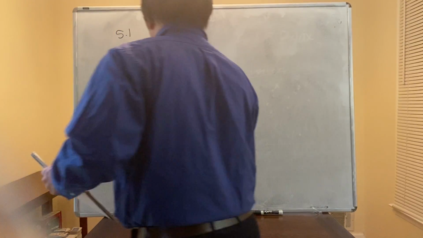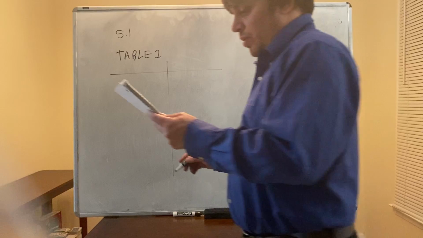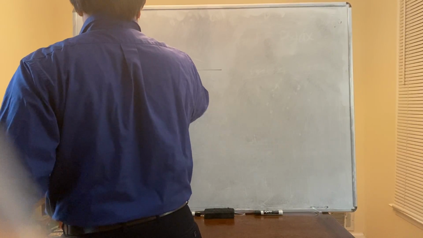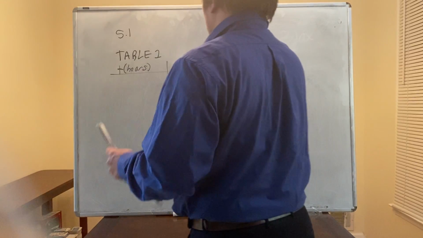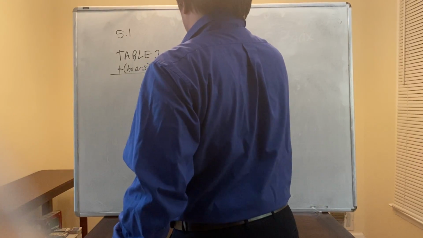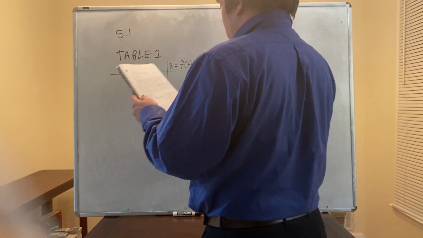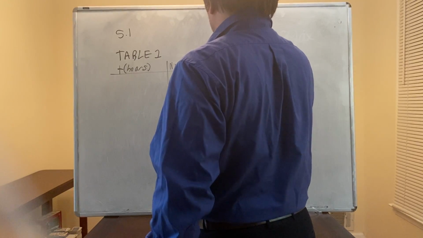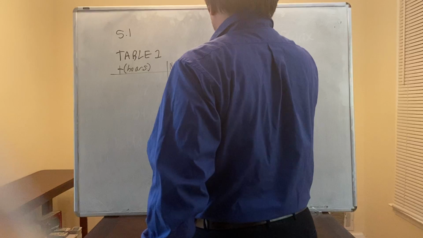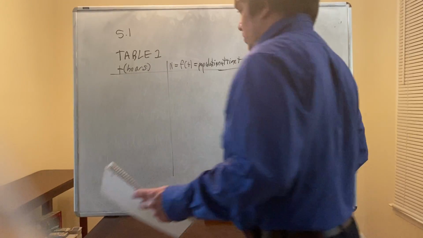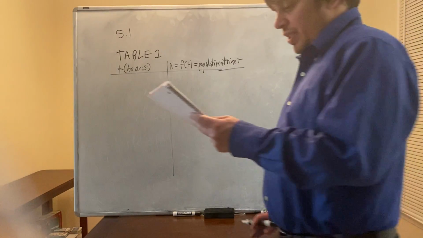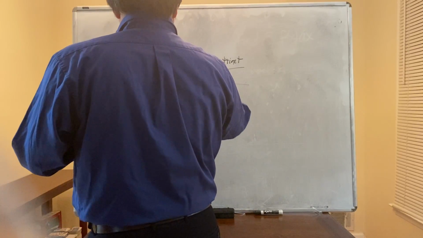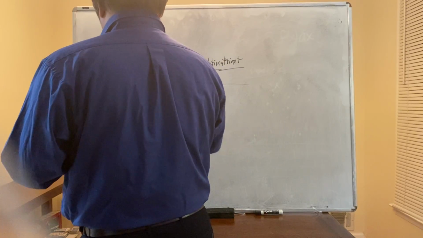Okay, so the first column, let's call it T for hours. And the second column, let's call capital N equals F of T, which is the population at time T. Okay, and so at 0 hours, the population is 100, let's say.